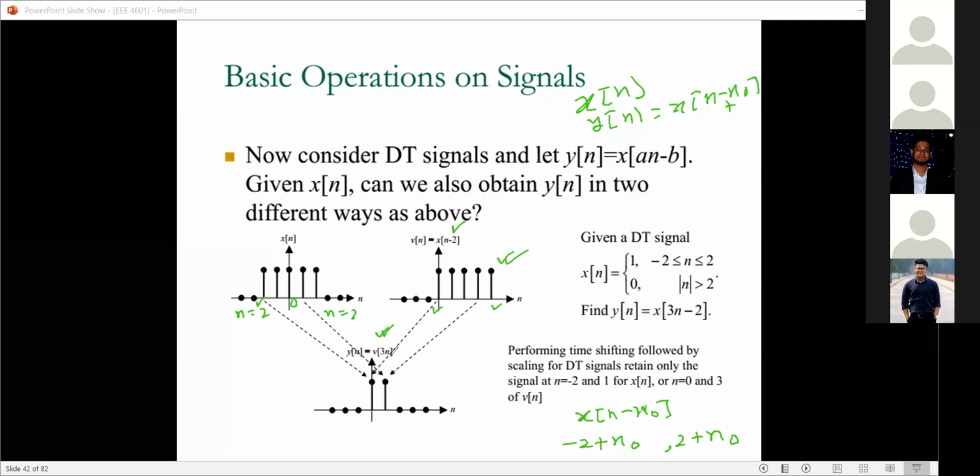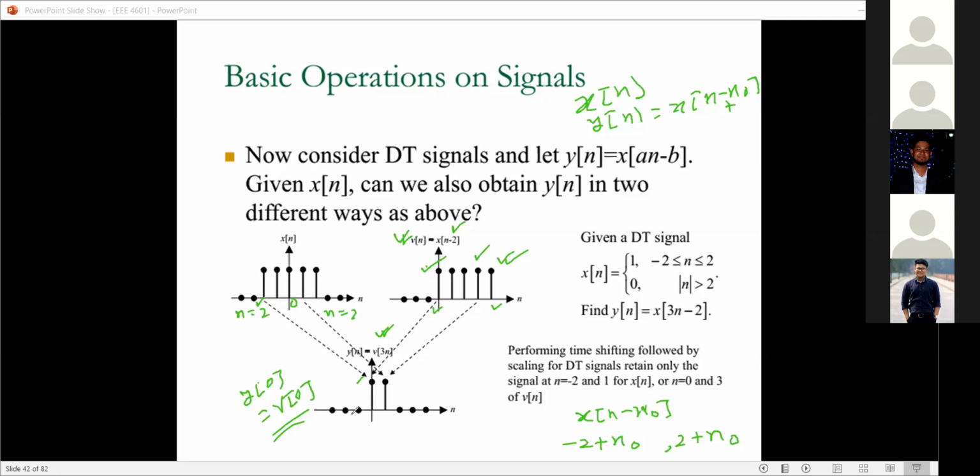That means y[0] would be equal to v[0], where the intermediate signal is represented by v[n]. So at y[0], your value would be equal to v[0], isn't it? Yes, sir. So v[0] is this, and it is appearing at n equal to 1 in the final y[n].